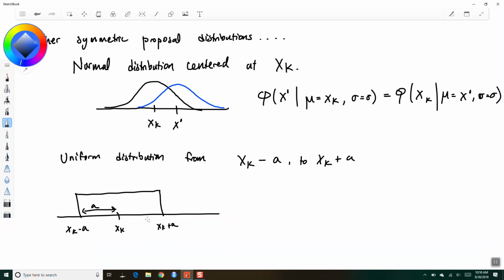So if you propose x prime here, this is equal. I don't know how to draw this thing. Something like that, right? And it's the same. So you're just kind of shifting the thing around.